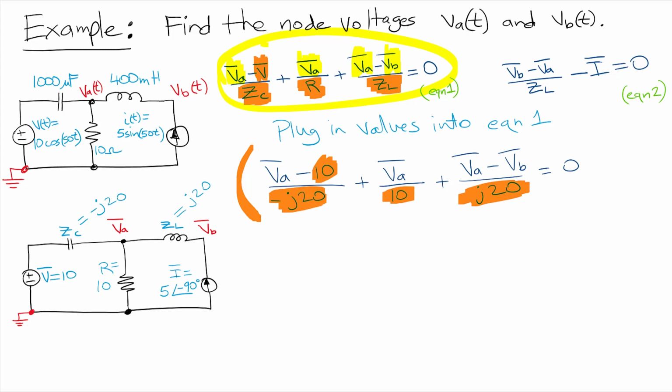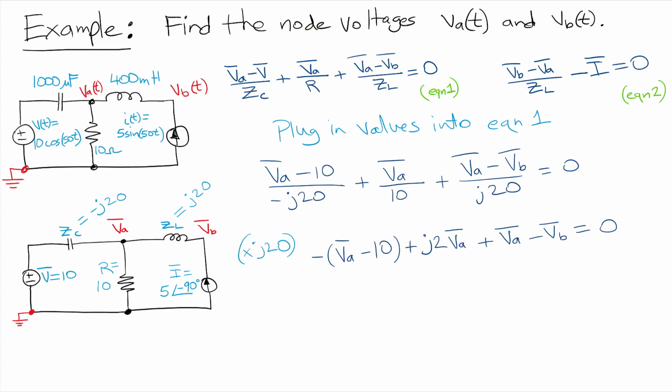Now we're going to manipulate this equation just like we would in DC analysis. To simplify it, let's get rid of the denominator. If we multiply by j20, we get the expression you see here.